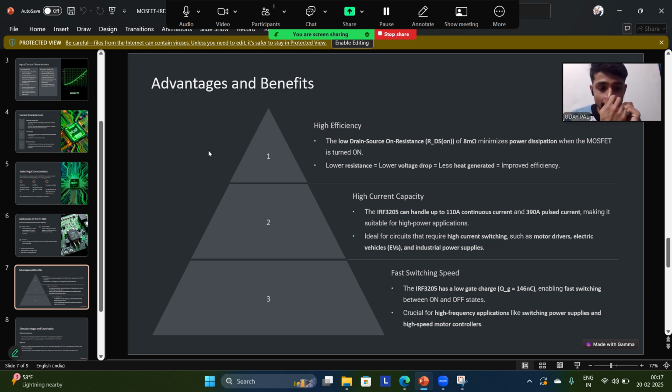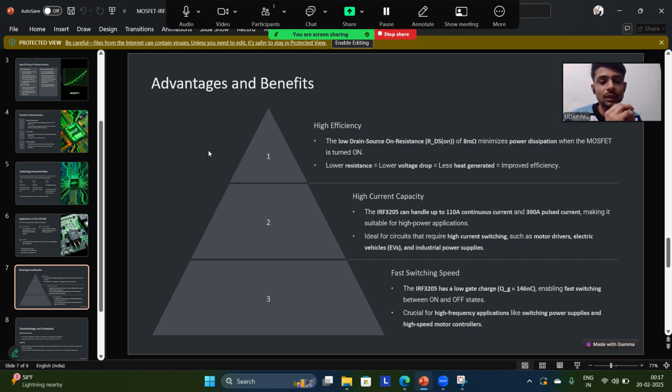It is also required for high current switching, such as in motors, electric vehicles, EVs, and power supplies also. It is also a benefit for the fast switching speed.